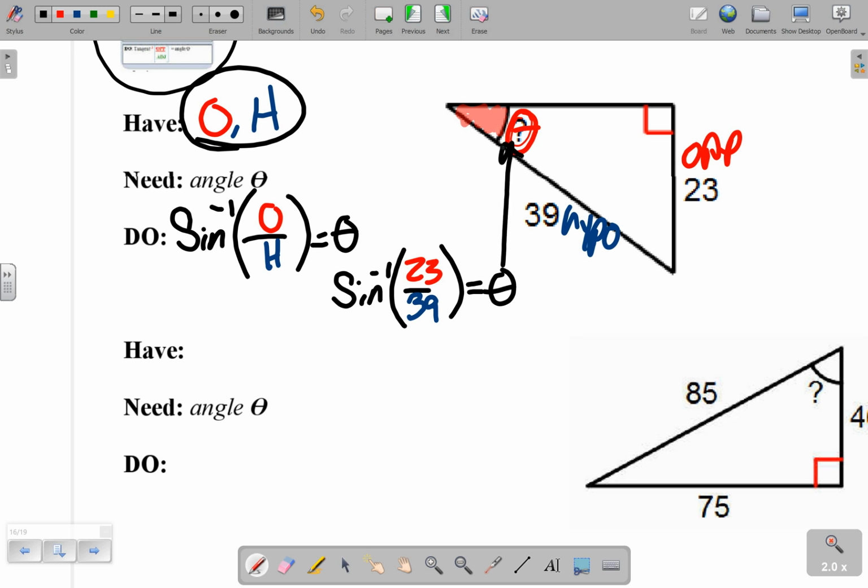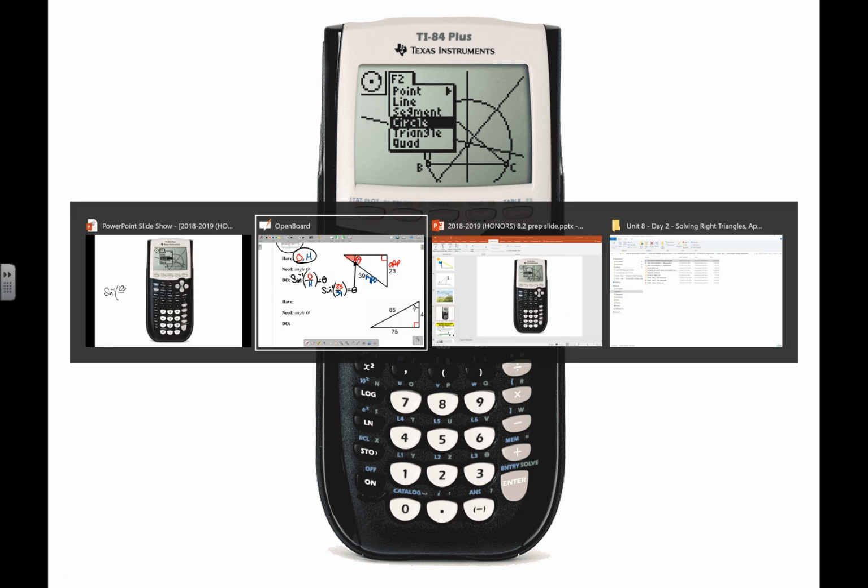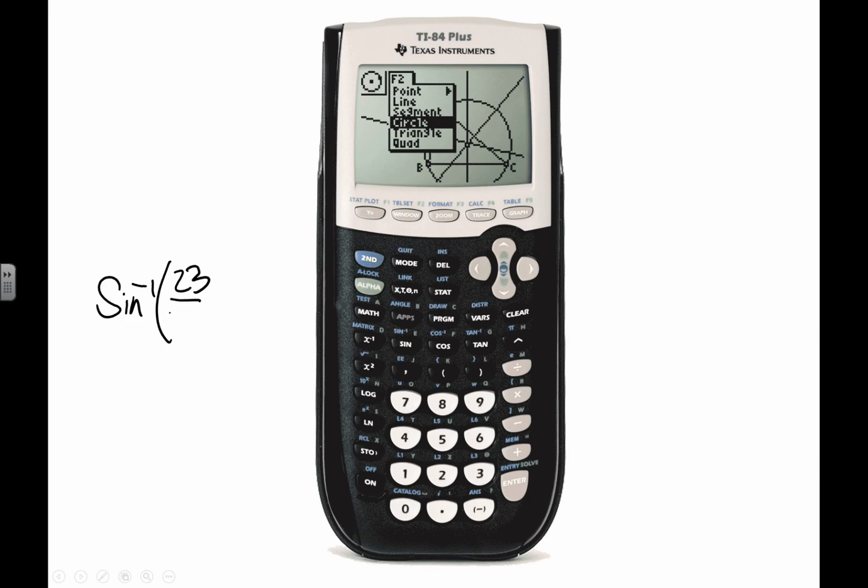So most of you have the TI-84, so to get inverse sine on your calculator, sine to the negative 1, and it was 23 over 39, this is what you do.